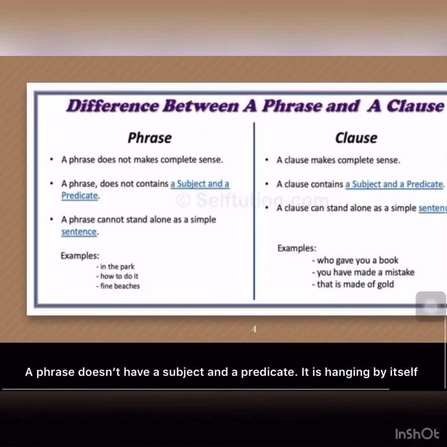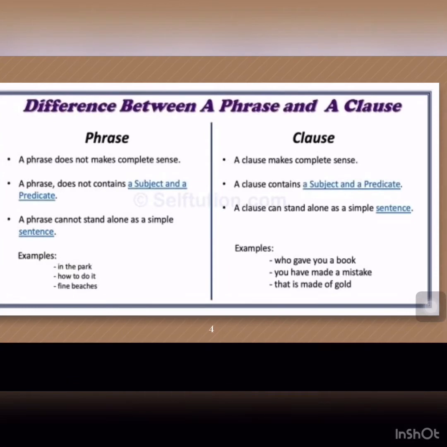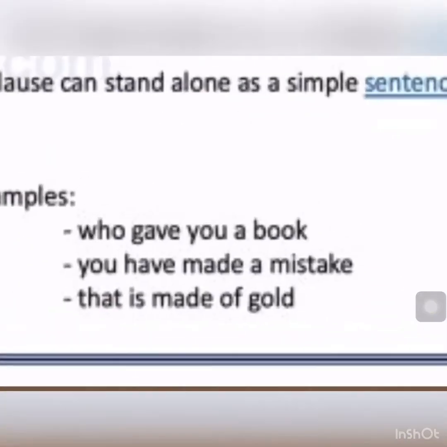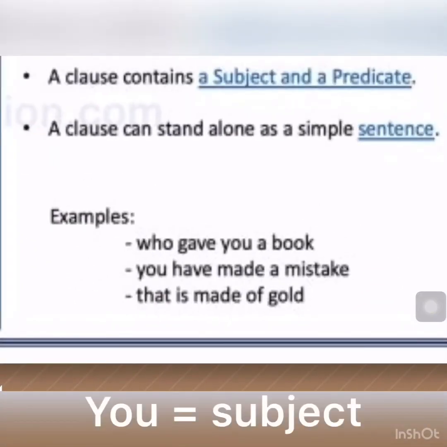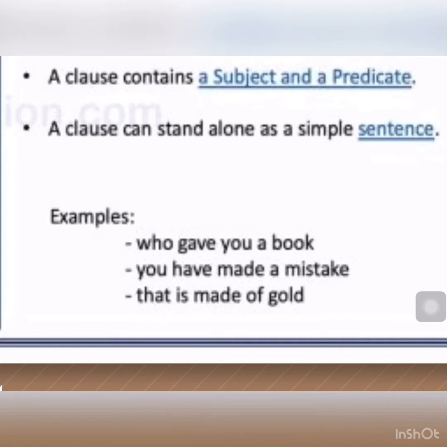Now a clause. A clause has a subject and has a predicate. For example, you have made a mistake. You is the subject. Have made a mistake is the predicate. A predicate is what the subject is doing.